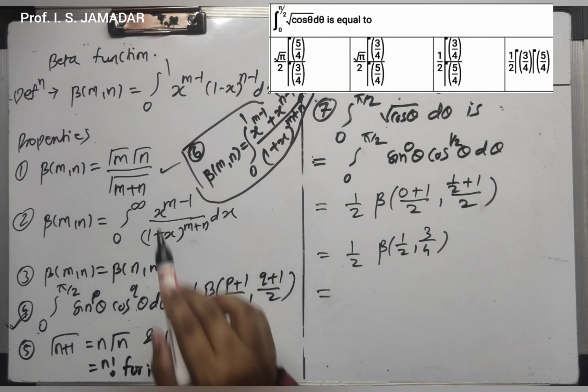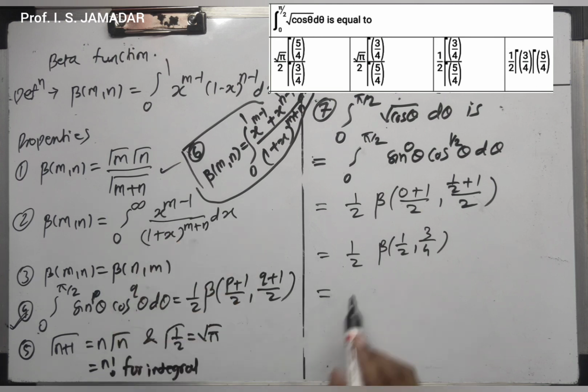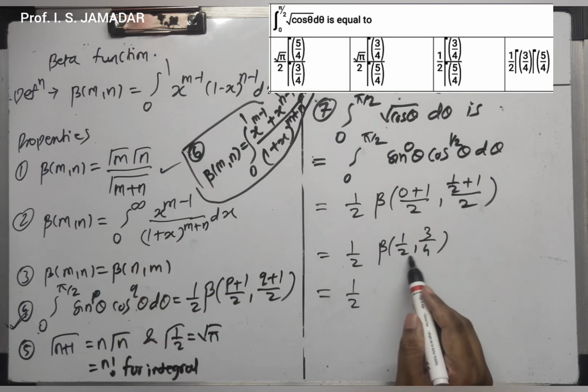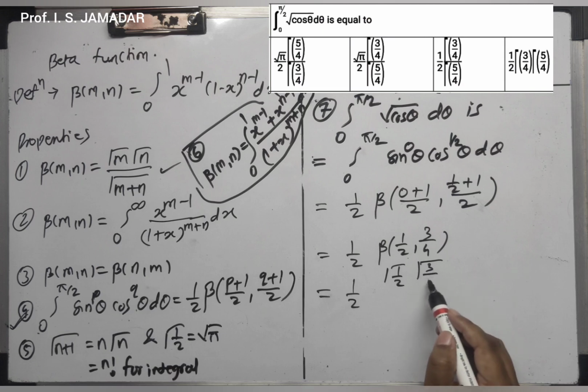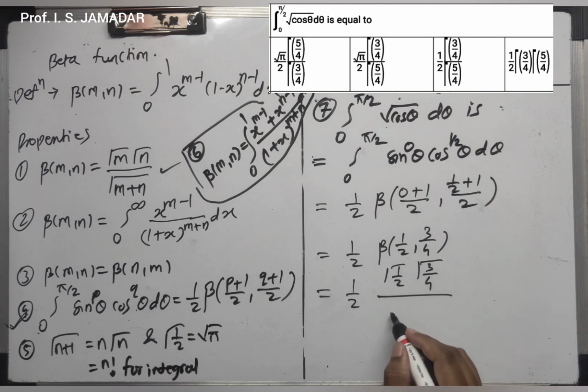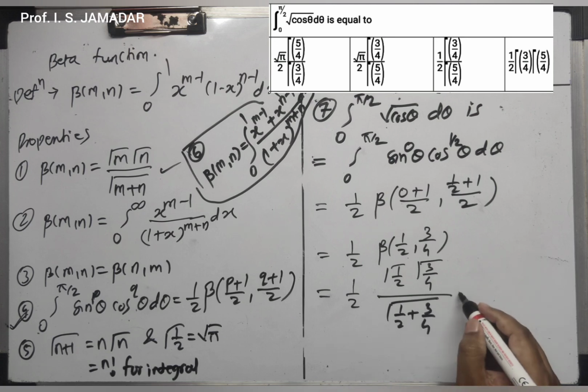Now use the relation between beta and gamma to further simplify. So it is 1 upon 2 beta m, n, that is gamma m gamma n divided by gamma of m plus n. So it is gamma 1 by 2 gamma 3 by 4 divided by gamma 1 by 2 plus 3 by 4.